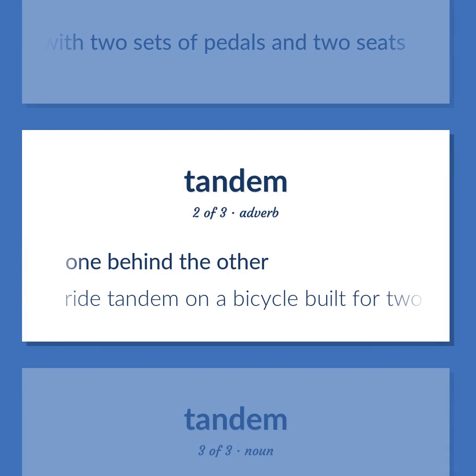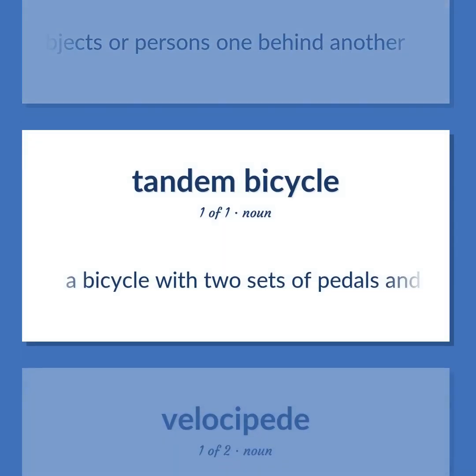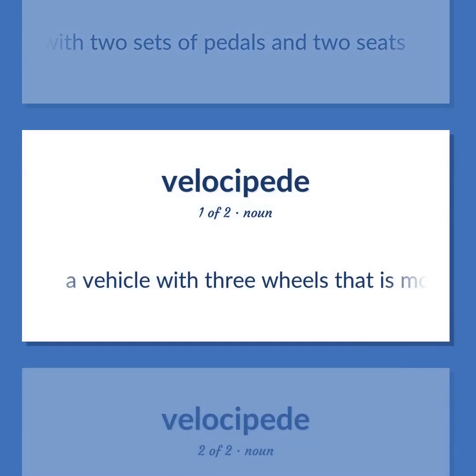One behind the other. Ride tandem on a bicycle built for 2. An arrangement of 2 or more objects or persons one behind another. A vehicle with 3 wheels that is moved by foot pedals.